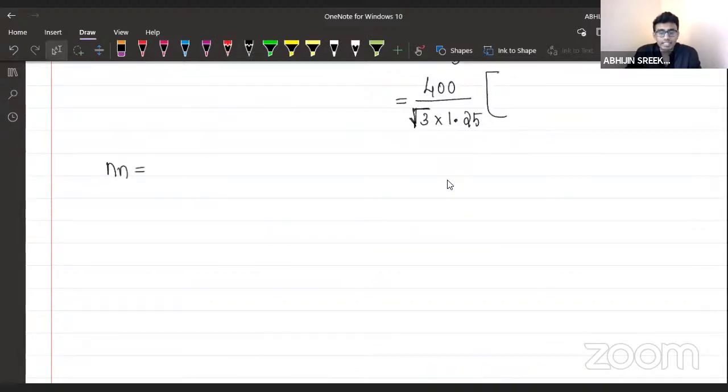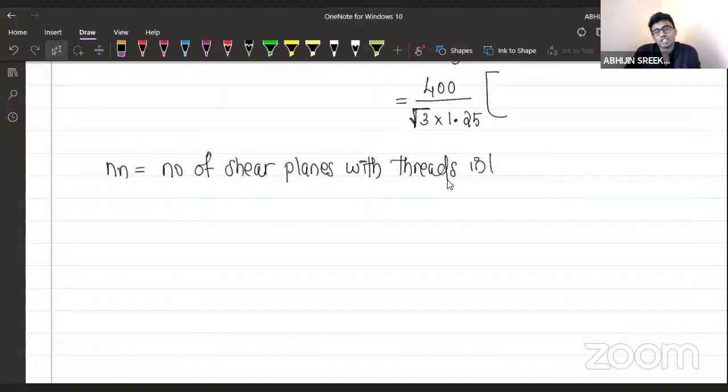Nn is actually the number of shear planes with or without thread. Tell me this: number of shear planes with threads intercepting the shear plane. This is the value of Nn.